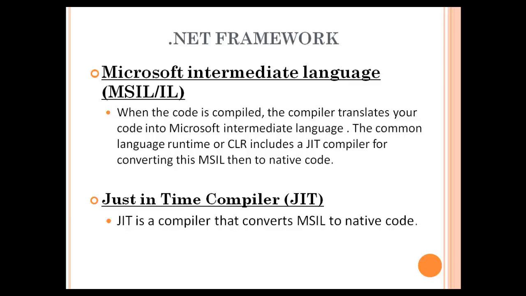So the process goes from high-level language into Microsoft Intermediate Language, then the just-in-time compiler converts this intermediate language to native code. That's how the process goes. It's simple, a two-step process.